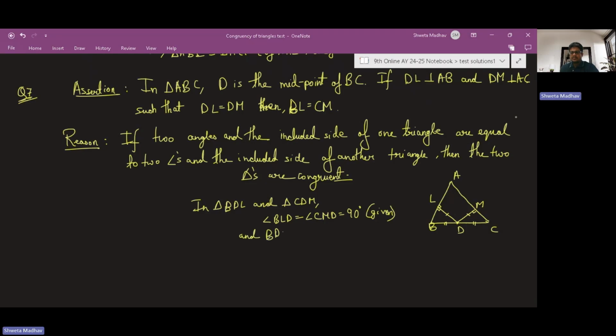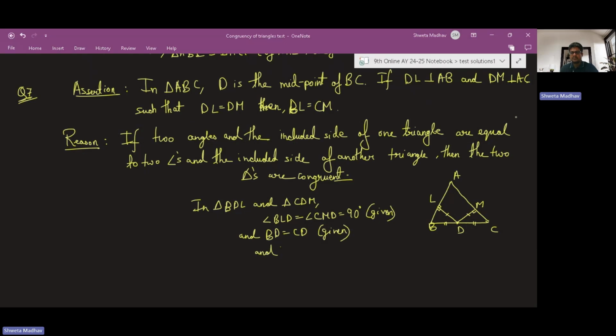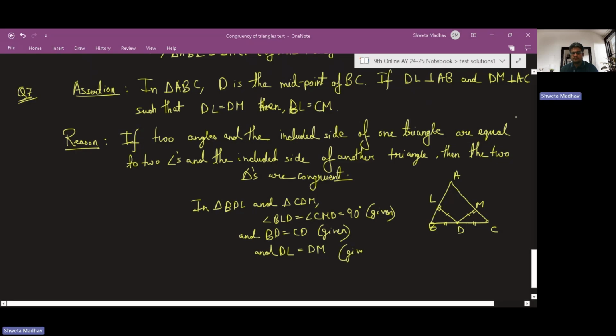And BD is equal to CD since it is given that D is the midpoint of BC, and also DL is equal to DM, since that is also given.